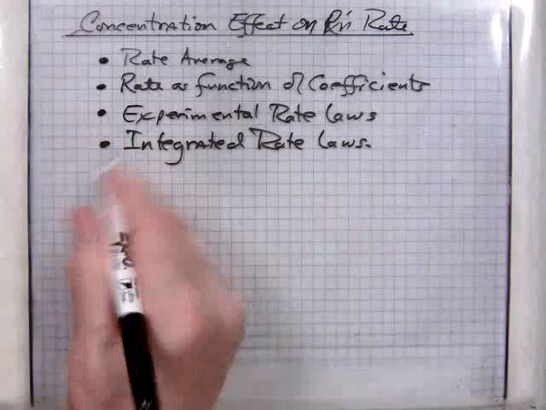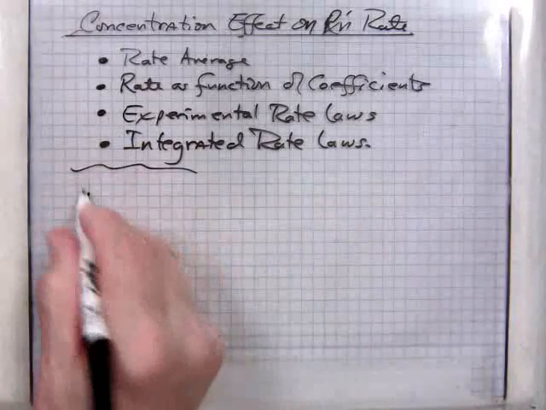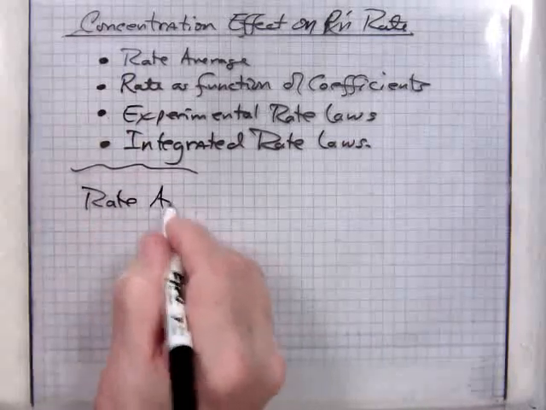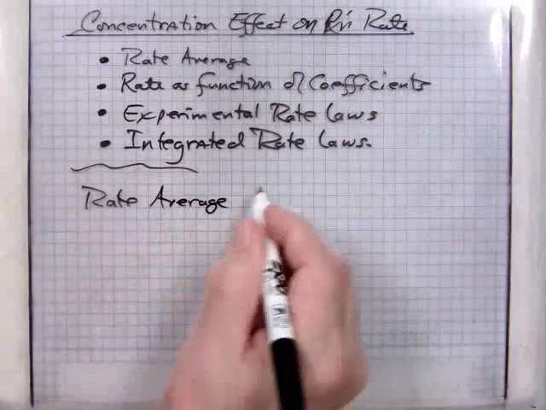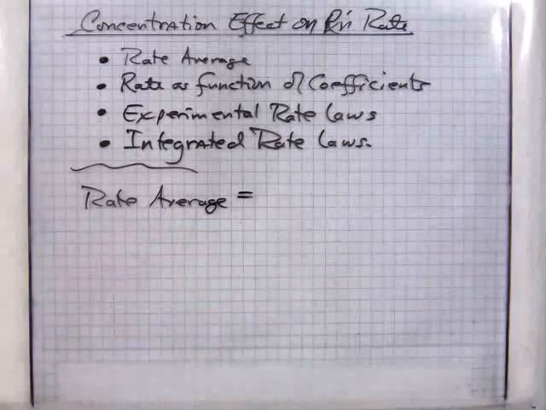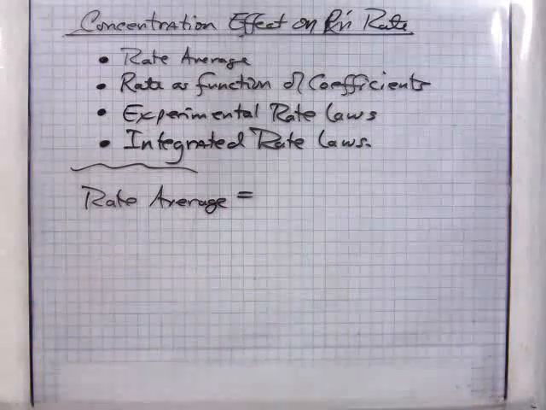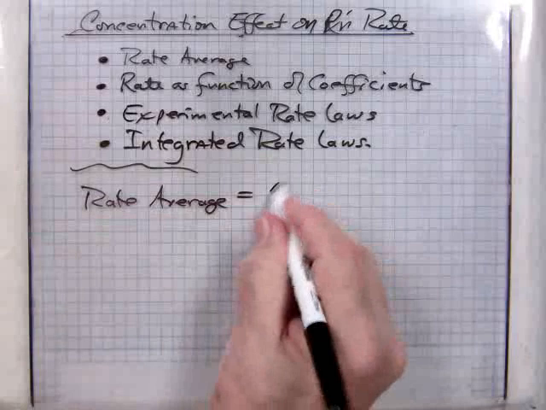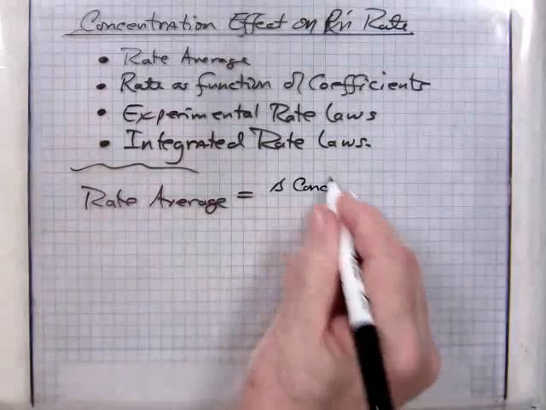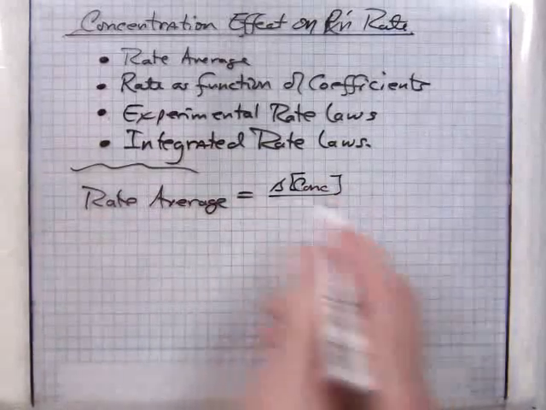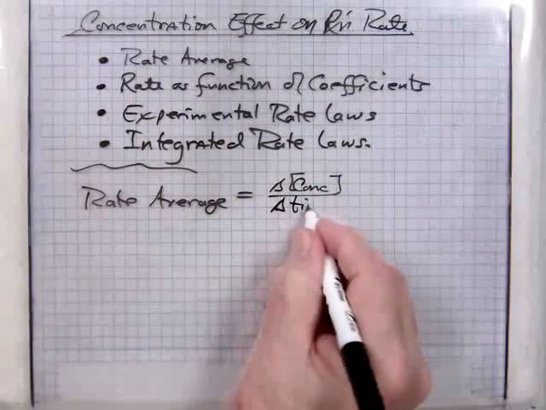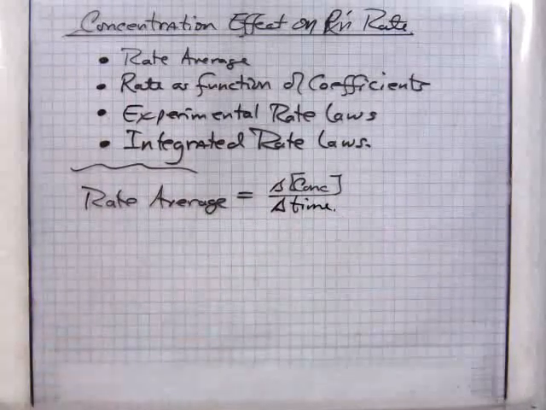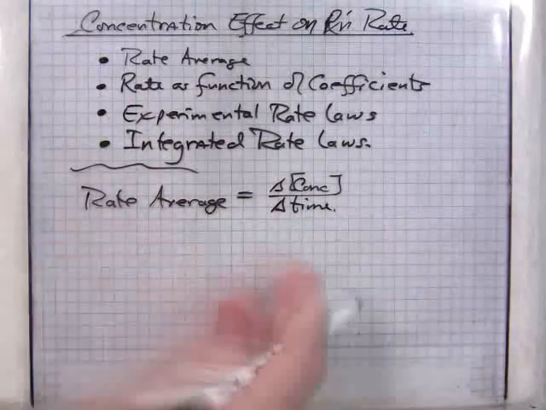Okay, so yesterday we showed you that rate averaging is just simply the application of the data to the definition of chemical rate of reaction, which is a change in concentration, molar concentration that is, over change in time. And we worked a couple of problems, or one problem at least, on that.